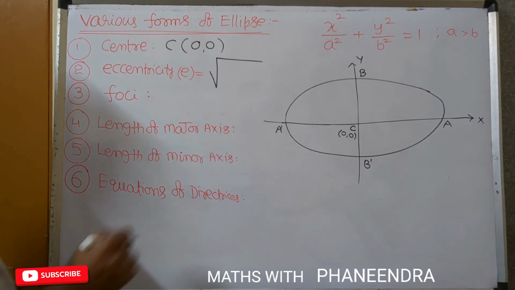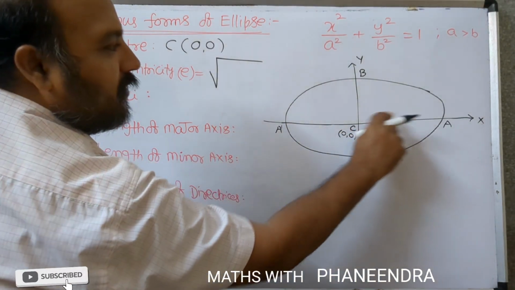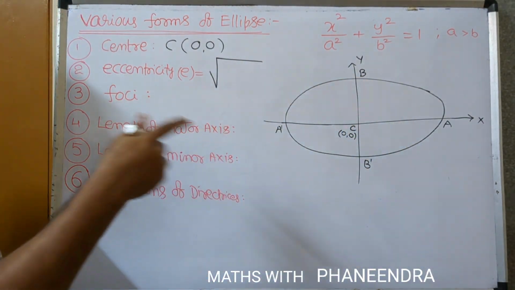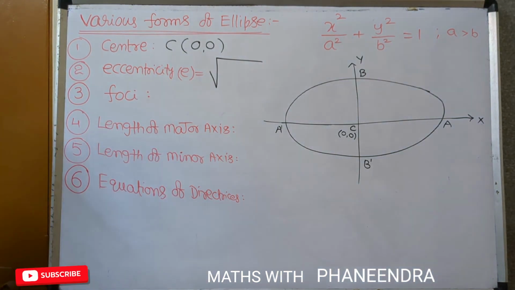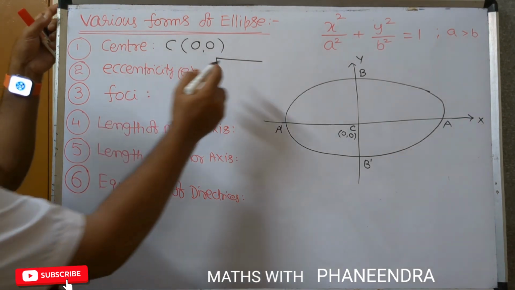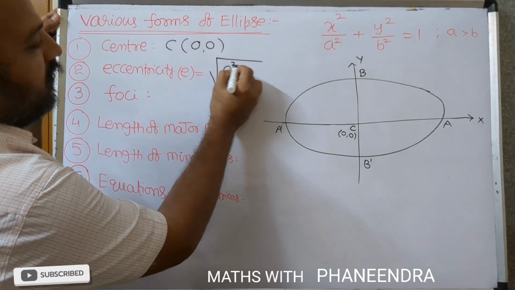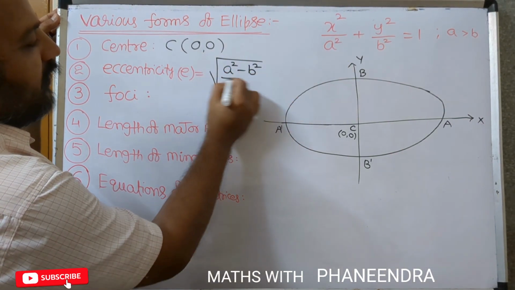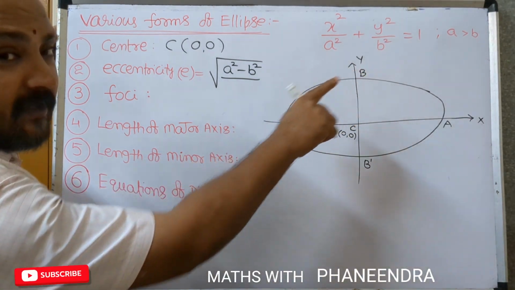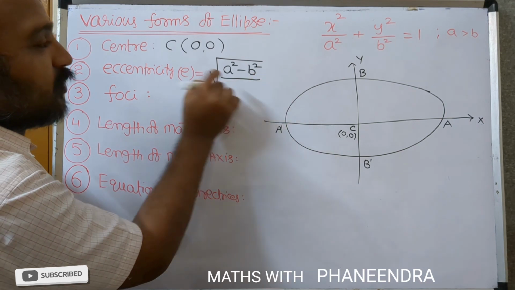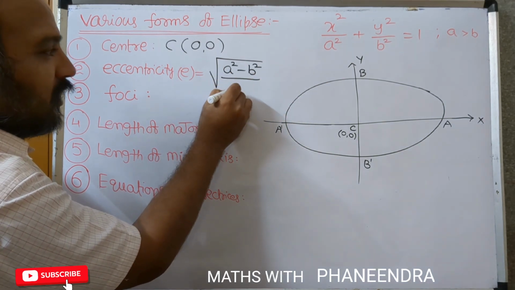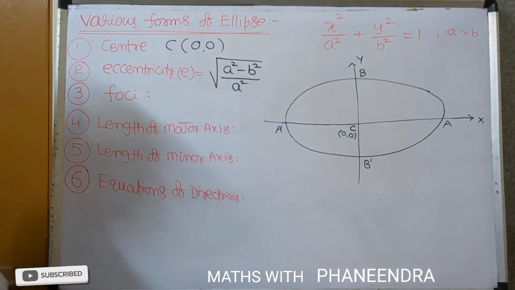Observing that a is greater than b, the eccentricity is the square root of (a squared minus b squared) divided by a squared, where the starting term comes in the denominator.